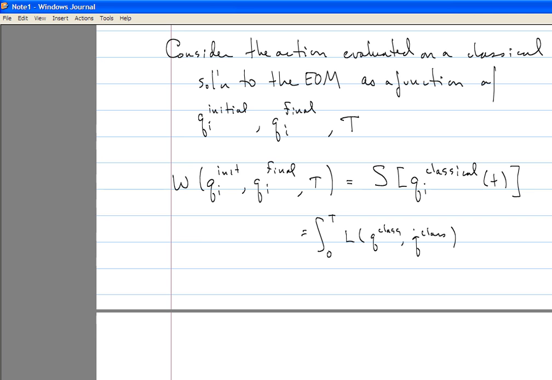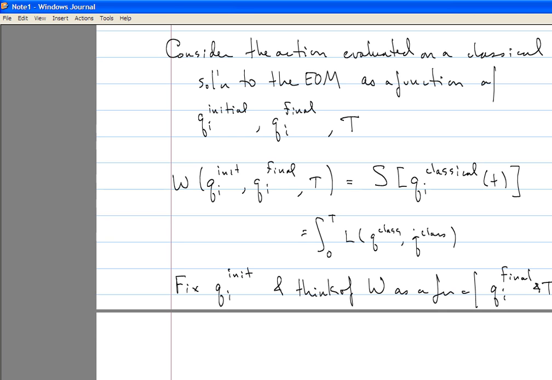So what I would like you to do for the moment is just imagine keeping the initial values fixed and thinking of W as a function of the final values and time. So W, if you fix the initial value of the position, is thought of as a function of the final value of the position and time. So W is a function of position and time.